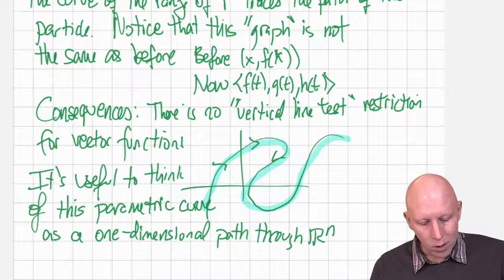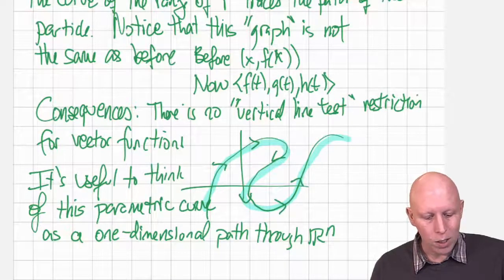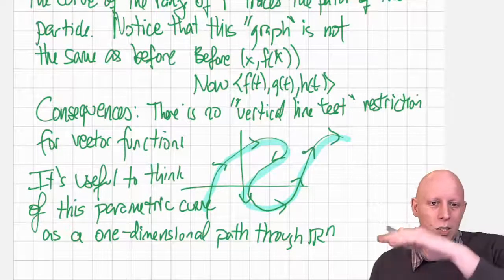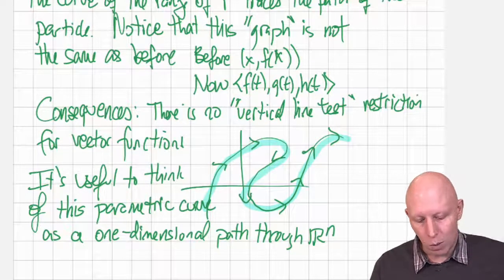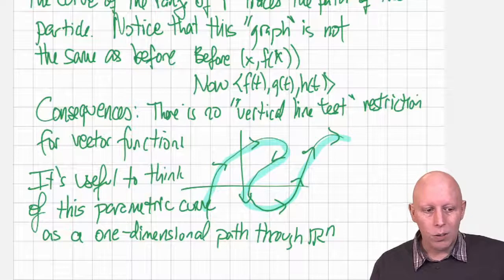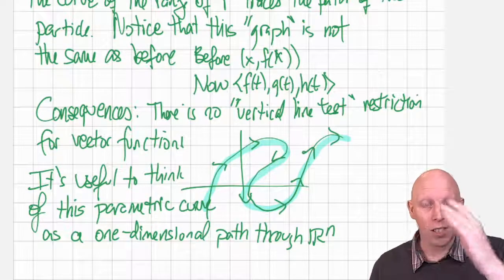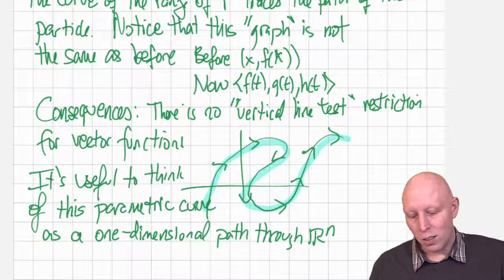For different values of t, we land at different points on this curve, and you're really following this one-dimensional path, even though it lives in a different dimension. If you're interested in that, you'll probably want to take some differential geometry or some manifold theory. There's really cool higher level math talking about surfaces in higher dimensions.